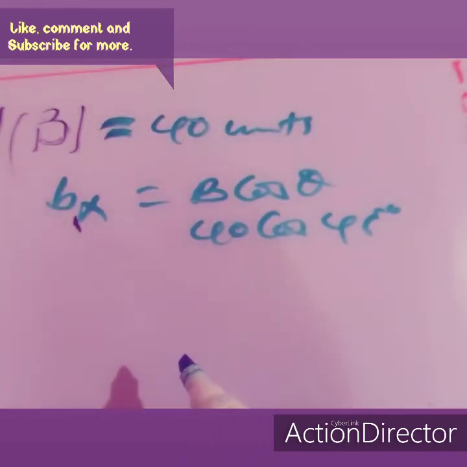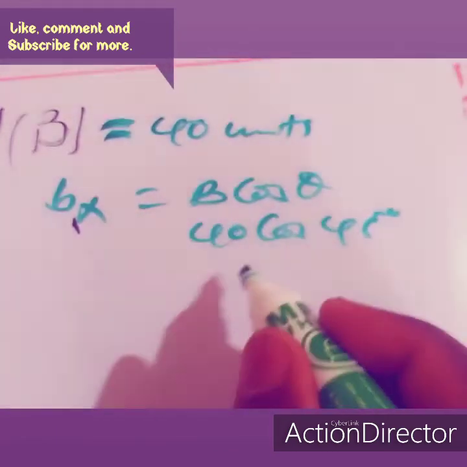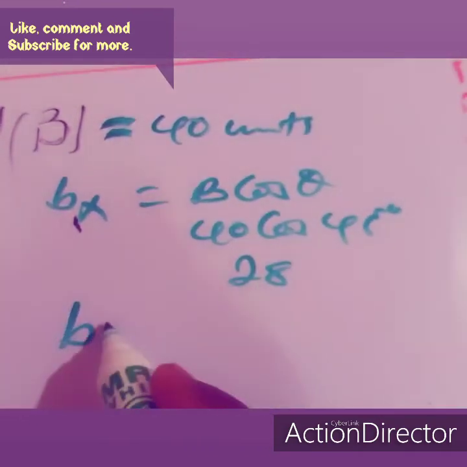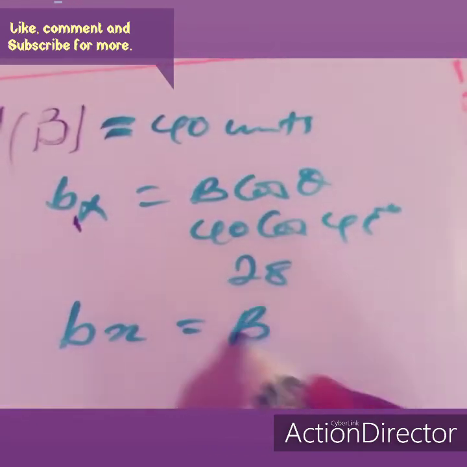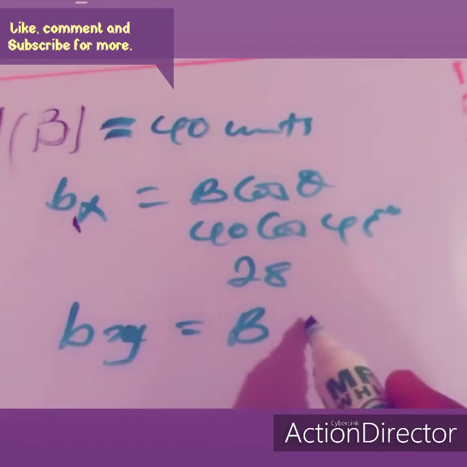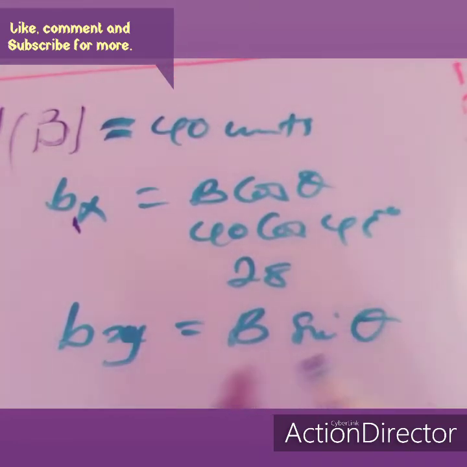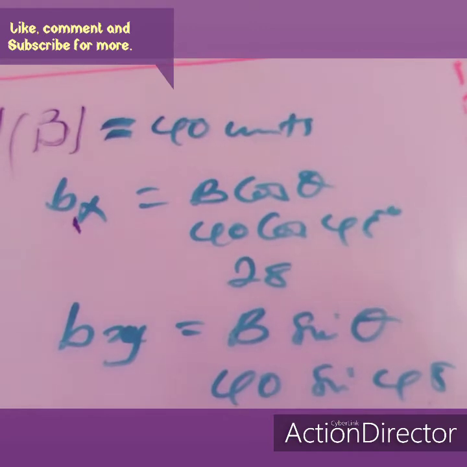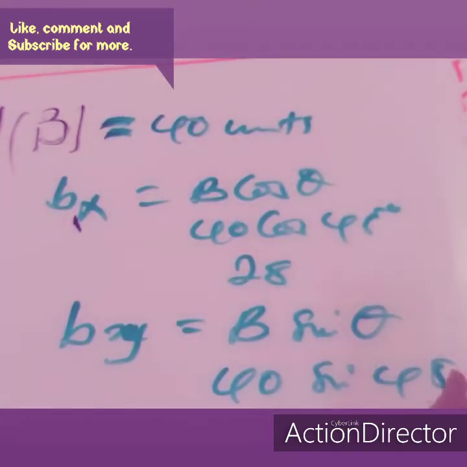So that is giving us 28.3. Then our B in the y will be equal to B sine theta. So it's 40 sine 45. This is giving us also 28.3. Now, so we put this as I, J.